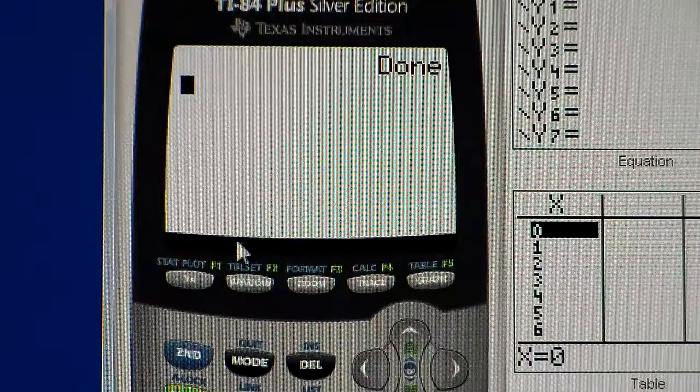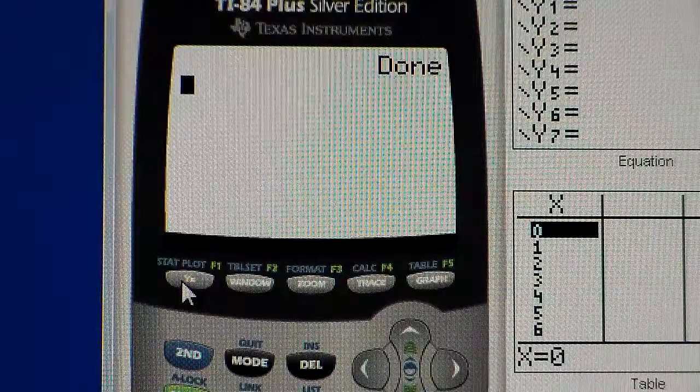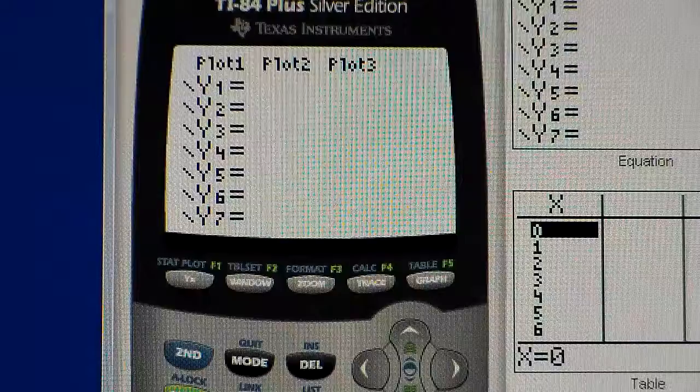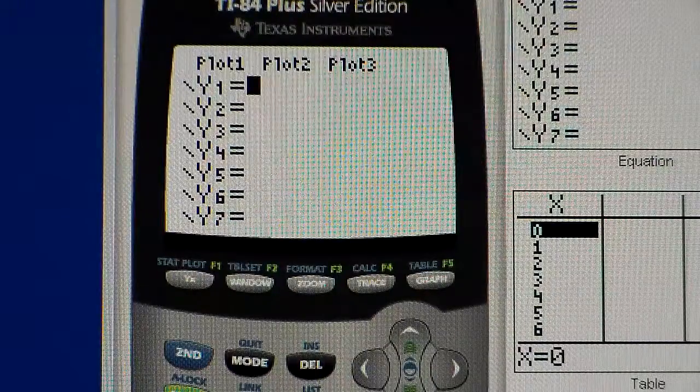This clears the RAM. We then hit our y equals button and we're going to type in our equation. Our equation is 2x squared minus 12x plus 16.